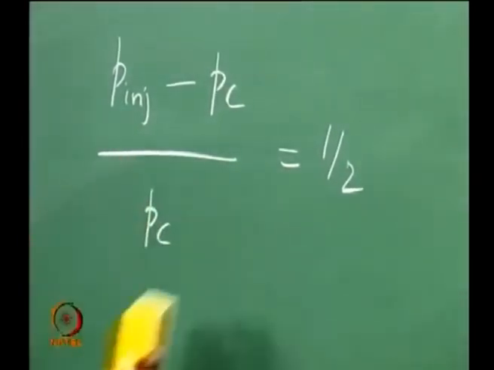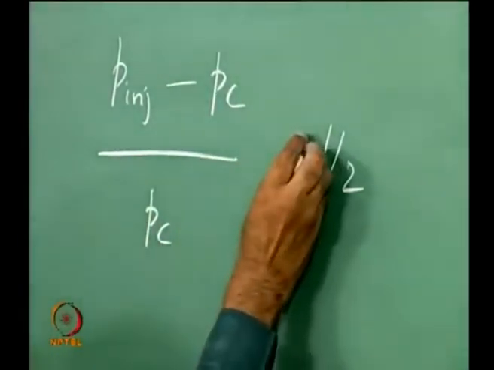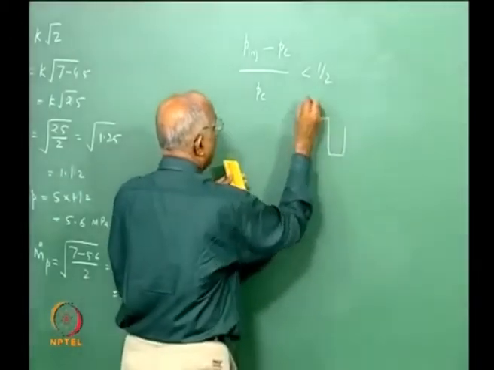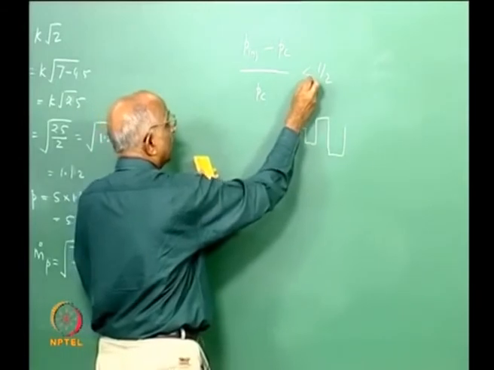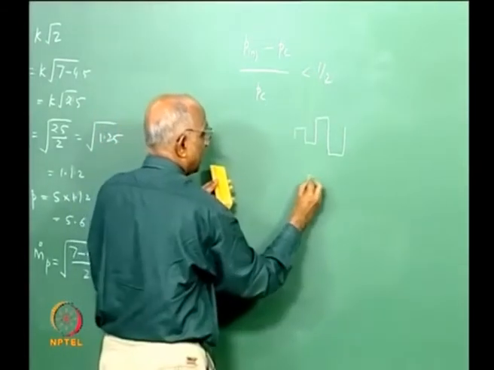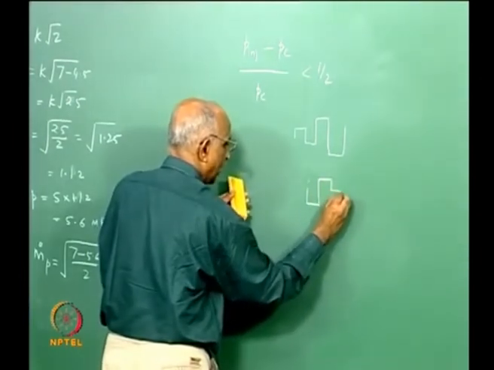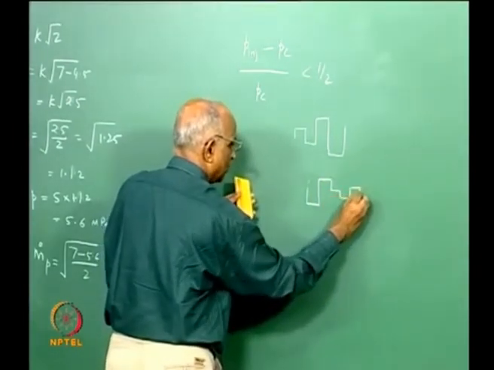If it is less than half, I get diverging oscillations, and if it is greater than half, then I get a stable system wherein it keeps decreasing and falls back to 0.